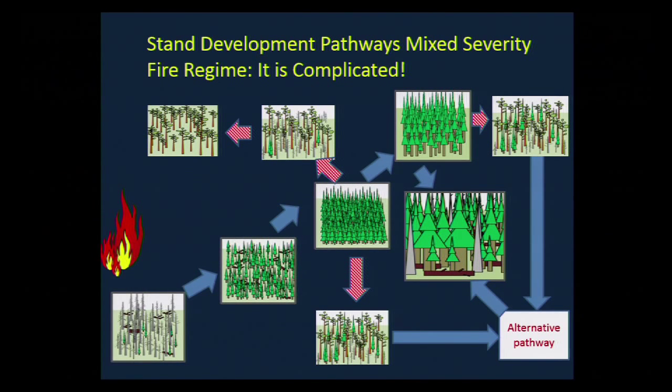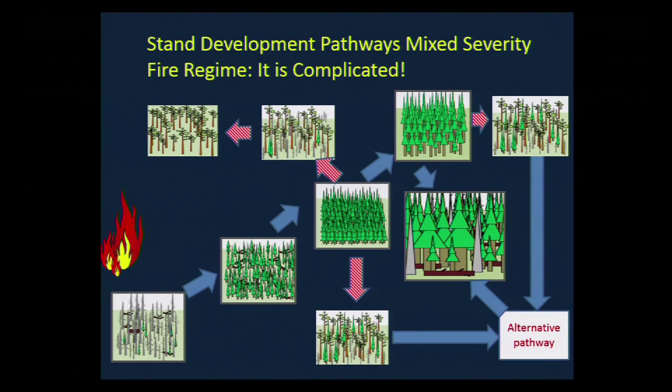So you can see the result of that on the potential structural pathways, and basically the pathways are way more than I could show here, but essentially what I do want to talk about is that these post-burn stands really kind of get you on an alternative pathway or many alternative pathways.